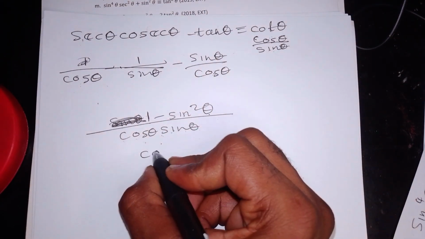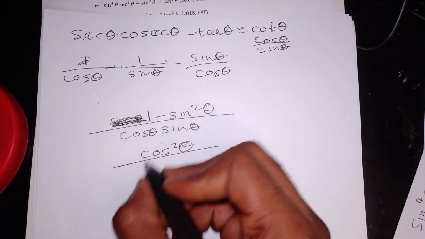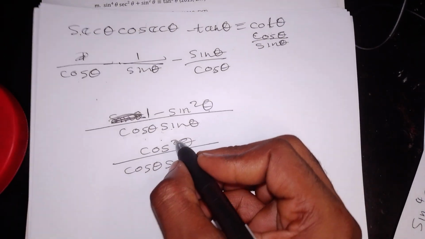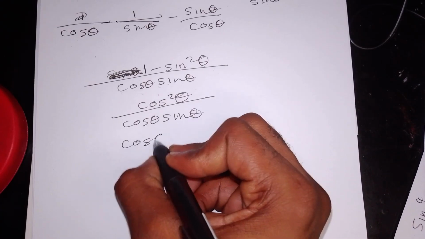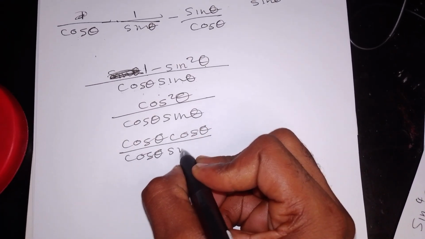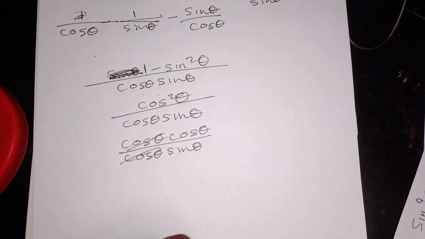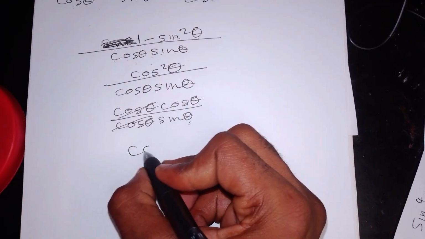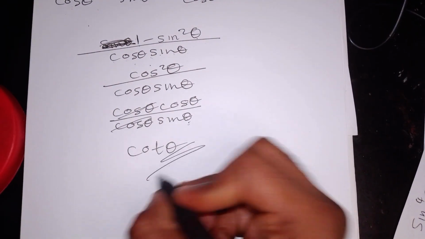So this one will be cos squared theta over cos theta sine theta. Then you can write this in expanded form, and now you can cancel these two out. Then you have cos over sine, which is what you want. Since you're trying to show that it's a cot, you can say this is cot theta, and you're done.